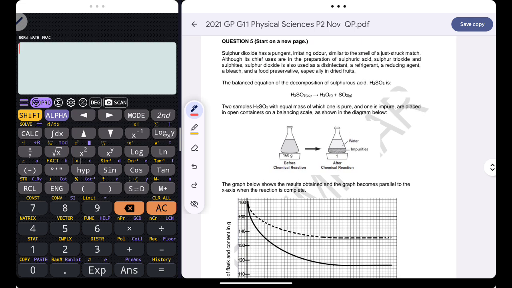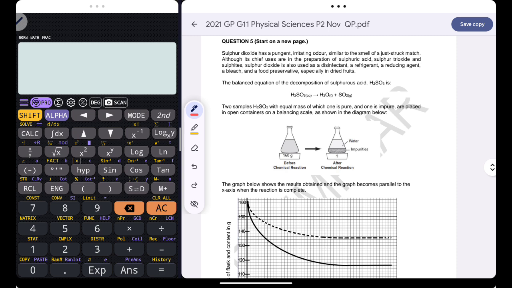We are told that sulfur dioxide has a pungent, which is an irritating odor that is similar to the smell of a struck match. Although its chief uses are in preparation of sulfuric acid, sulfur trioxide, and sulfides, sulfur dioxide is also used as a disinfectant, a refrigerant, a reducing agent, a bleach, and a fruit preservative, especially in dried fruits.